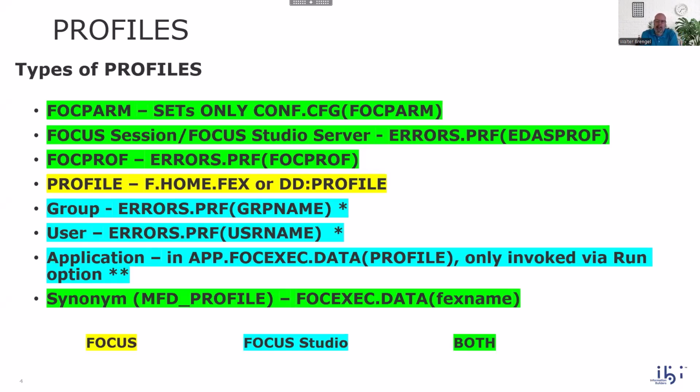Now, strangely, when I ran my test to see which one takes precedence, anytime I had both a home.fex and a DD profile, the home.fex always took control. So I need to check my old behavior on the older versions to make sure that's not something that is now completely different. And if it is, we need to decide which is the correct way and go back to that.